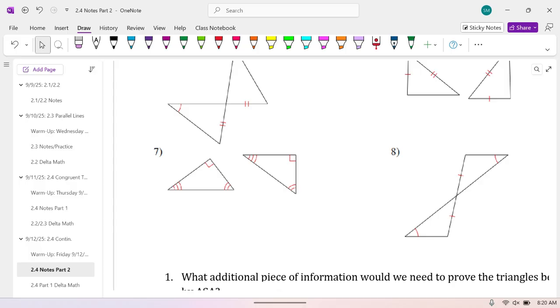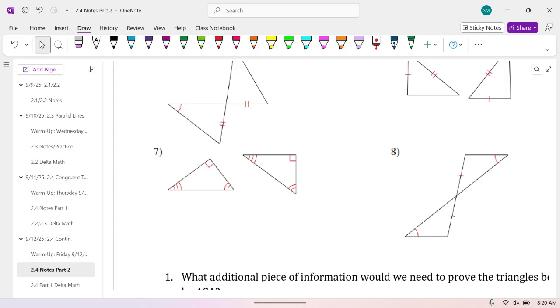Why? Right, because dilations exist. All right. So when we did transformations in our last unit, remember dilations create the same shape, meaning they have the same angles, but they can be different sizes.